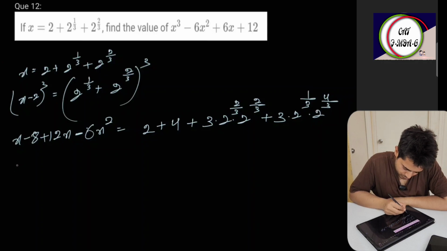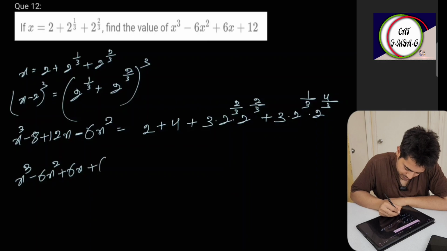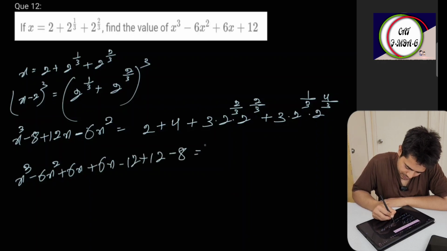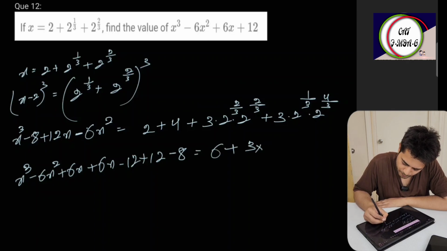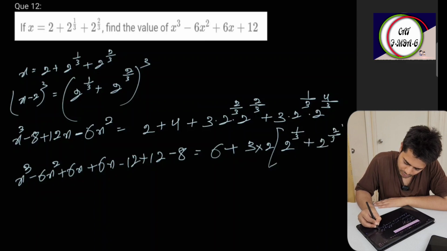So x cube minus 6x square plus 12x minus 8 is equal to 6 plus 3 into 2 to the power 4 by 3 into, if you take 2 common, 2 to the power 1 by 3 plus 2 to the power 2 by 3.